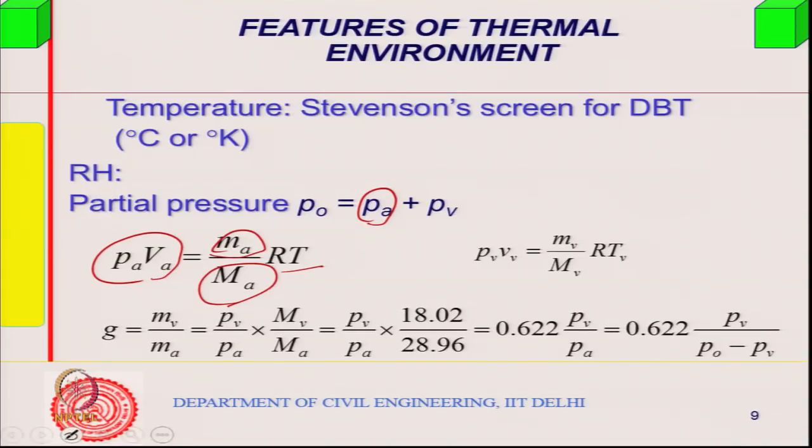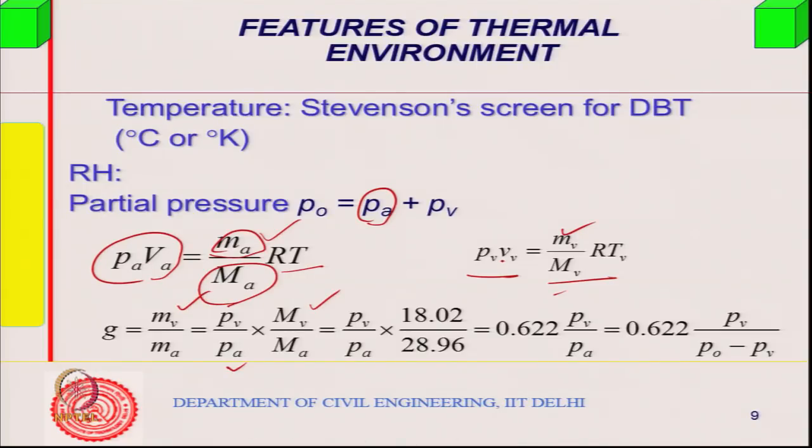G is the mass of the vapor divided by the mass of the dry air, that is how we define moisture content. It follows from this, so G is this divided by this, and therefore it would be Pb Mb divided by Pa Ma, right.